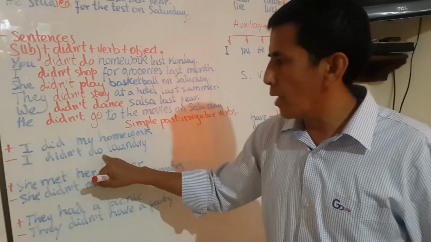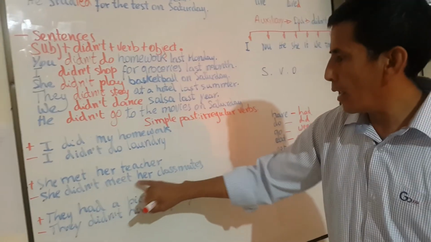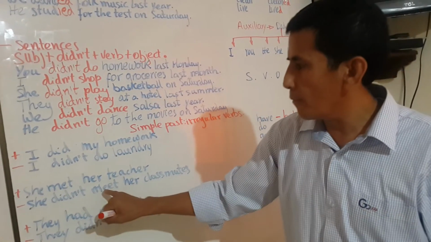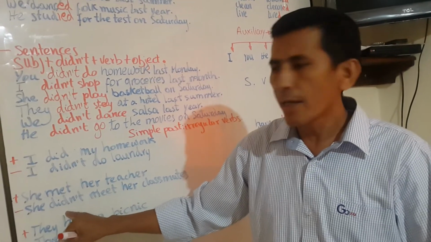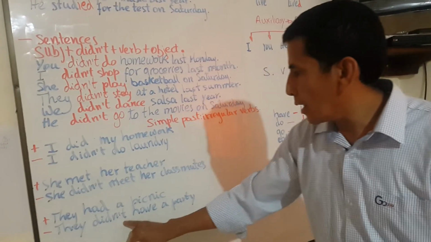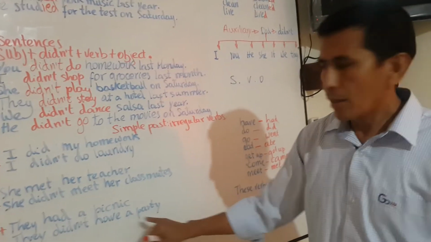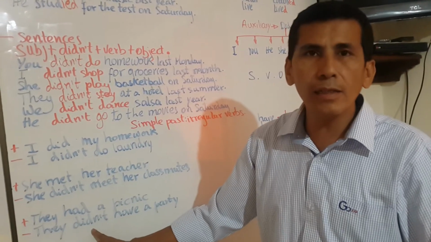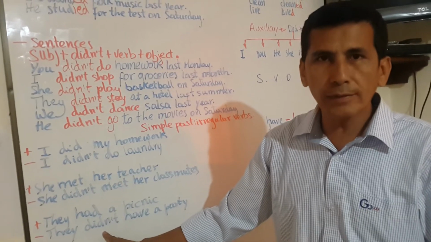So, I didn't do laundry. I didn't meet her classmate. She didn't meet her classmate. You say meet because you have the auxiliary did. They didn't have a party. You need to use have, the verb in base form, because you have an auxiliary. The auxiliary is in past.